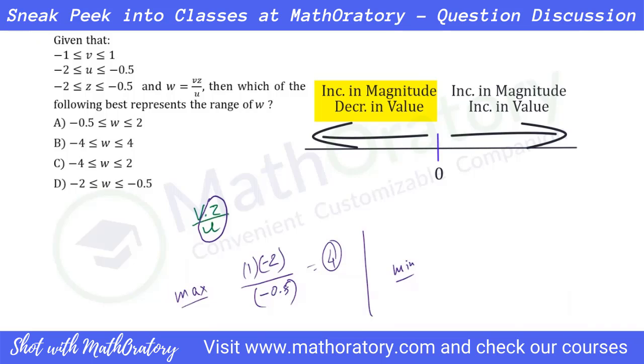So you have to do the same process. We have to actually increase the magnitude, not decrease the magnitude. So in order to do that, same idea: Z will be -2, U will be -0.5. And in this case, V will be the highest magnitude, but on the negative side, because we are trying to minimize the value of W and hence trying to make it negative. So -1. So the minimum is -4.